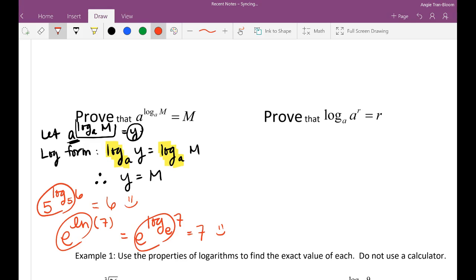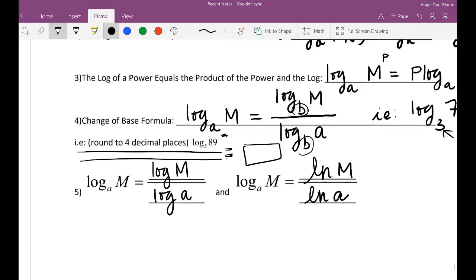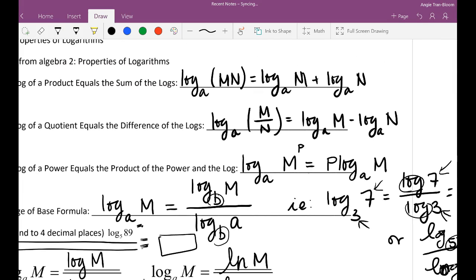All right, last proof. Log base a of a to the power of r equals r. Okay, so again, I'm going to let log base a of a to the r equal something called y, not related to r yet, because we don't know. Then I'm going to rewrite this. And let me remind you of what I'm going to use. See this property that we're using?